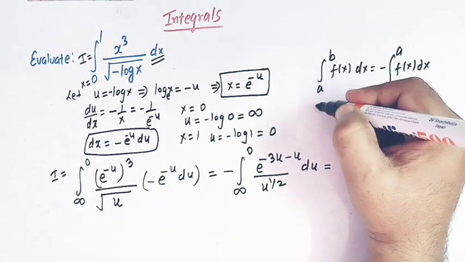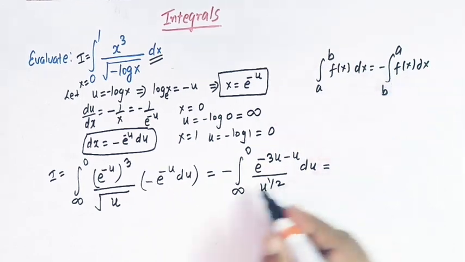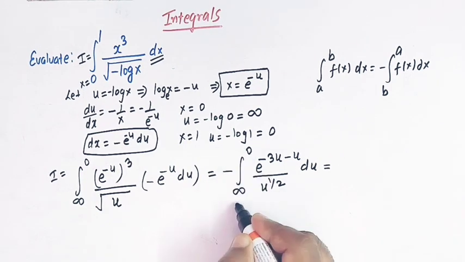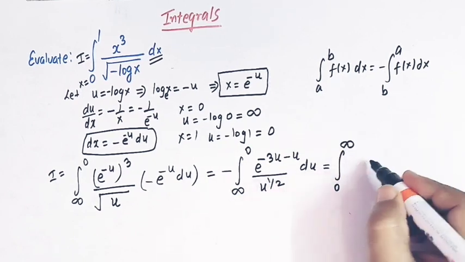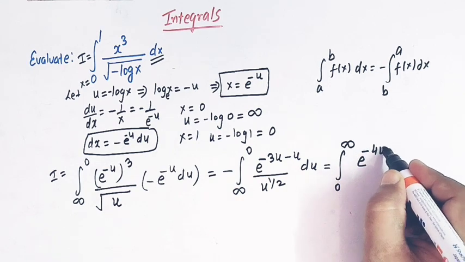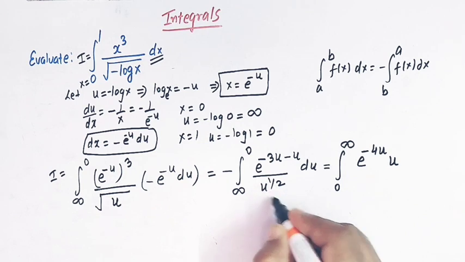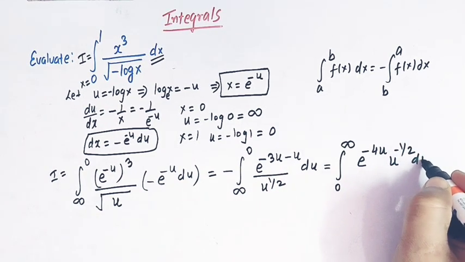So when we interchange the limits, then we put a negative sign in front of the integral, and here we can neutralize this negative sign by interchanging the limits, right? So we have 0 to infinity, and here we have e raised to minus 4u, and we can take this u raised to half to the numerator, so this is minus half, right?